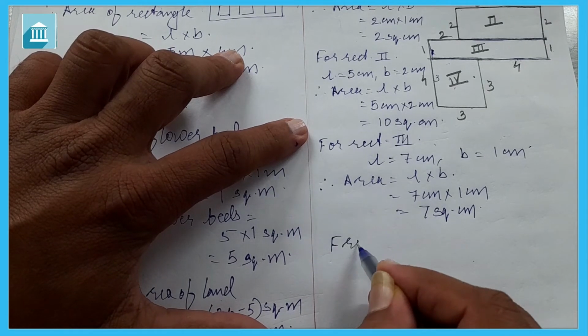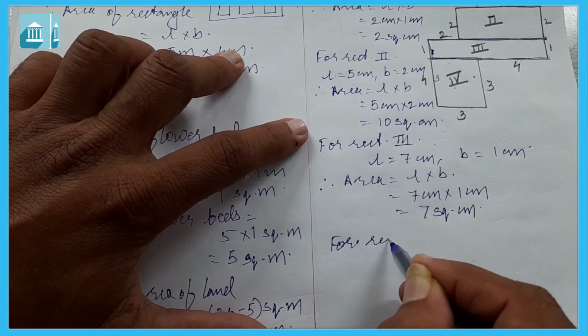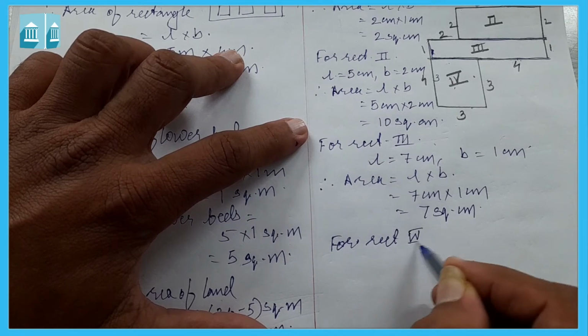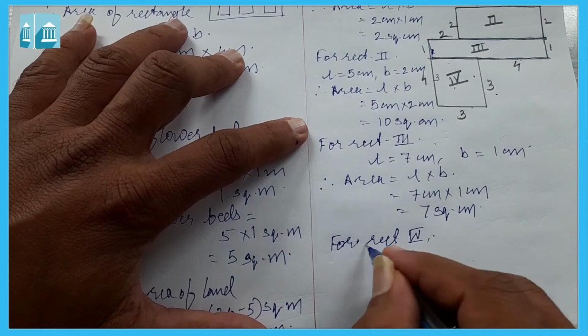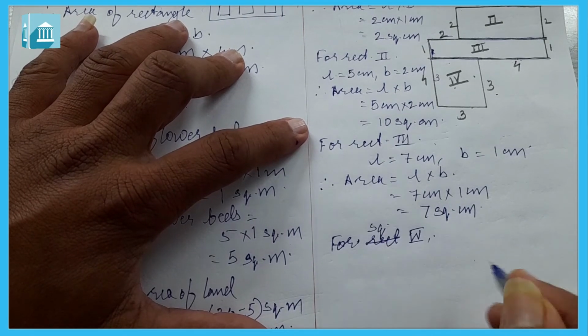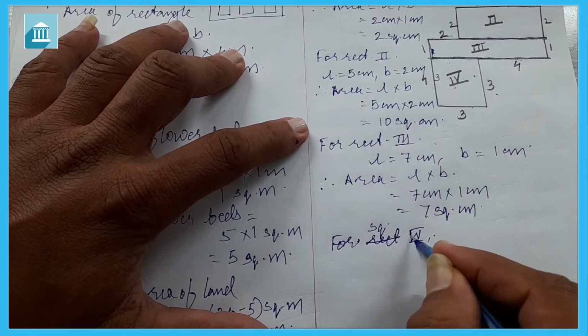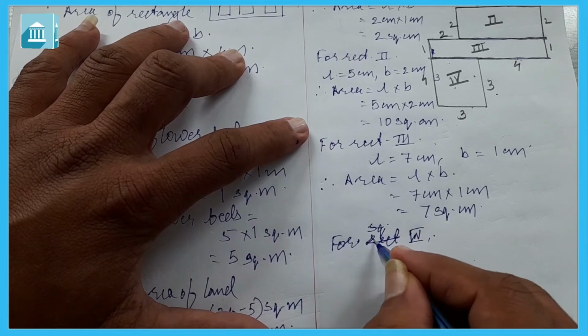For rectangle 4, we can say this is 3 into 3. So both are same. This is not a rectangle, we can say it is a square. Or you can write rectangle also, no problem.